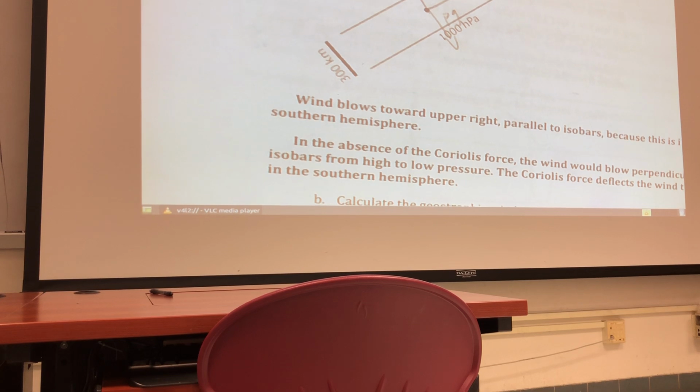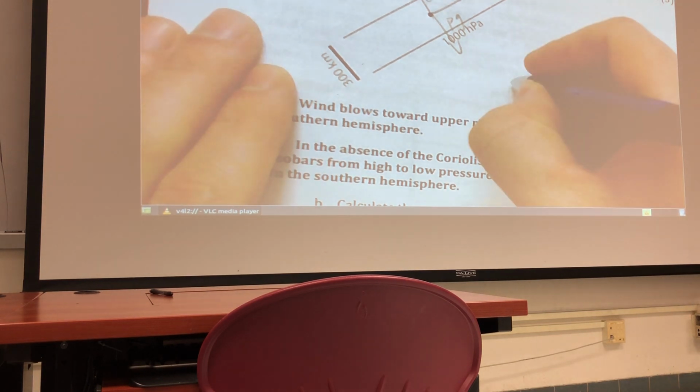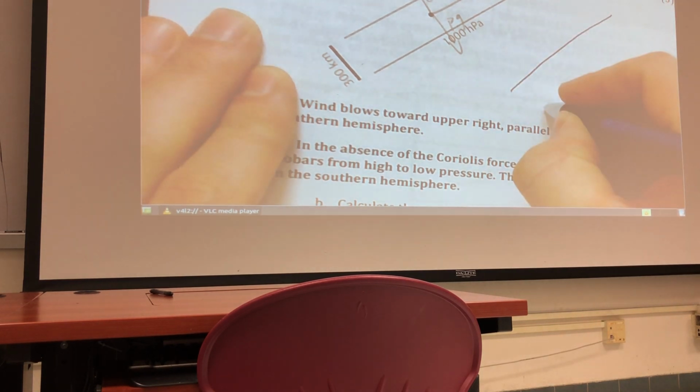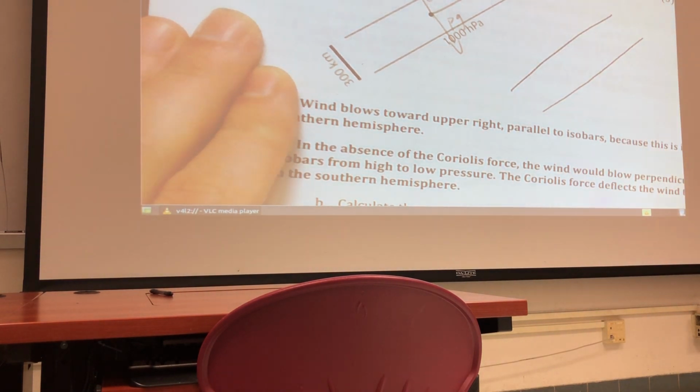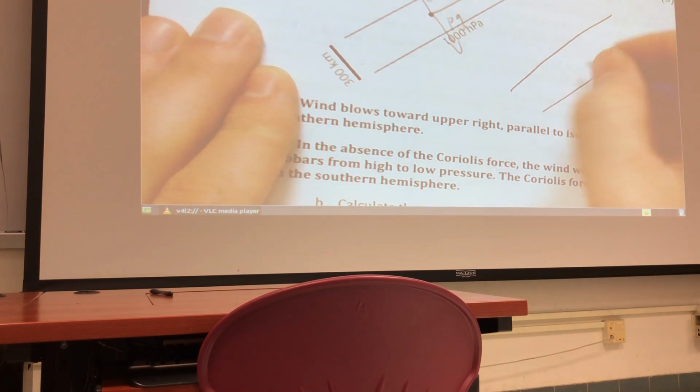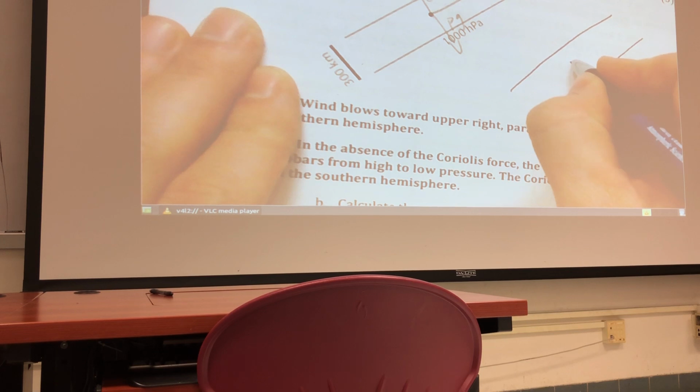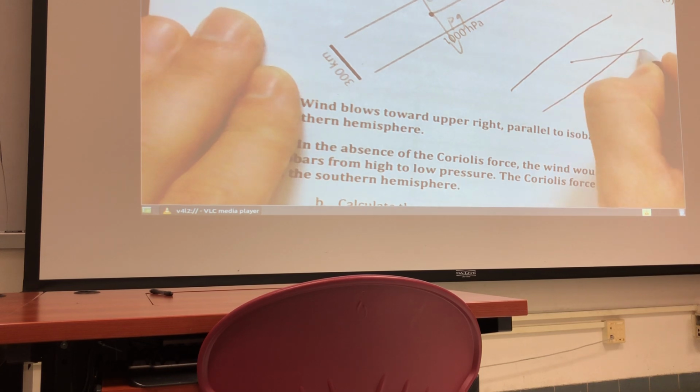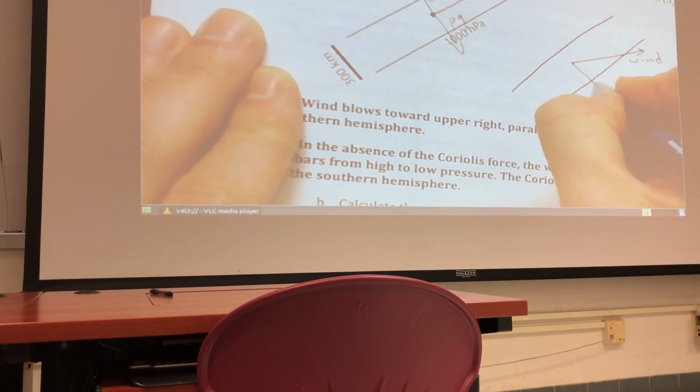So if I draw this again, so here's the pressure isobars. If I draw what we would expect the wind to be in the presence of the pressure gradient and friction forces and Coriolis, you would expect the wind to go like this. Pressure gradient would still be in this direction.